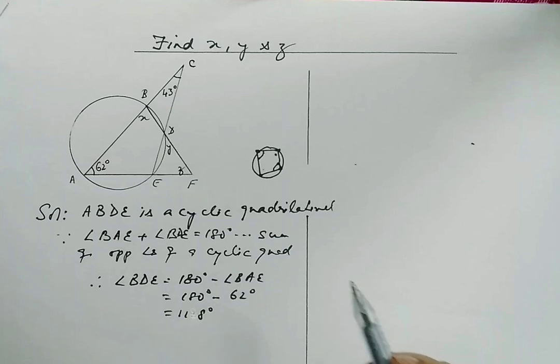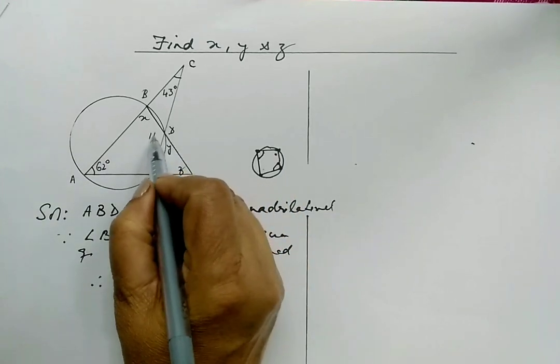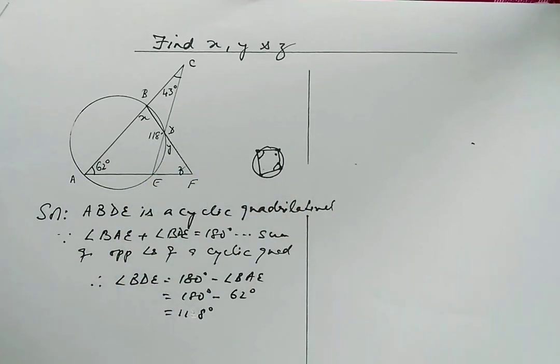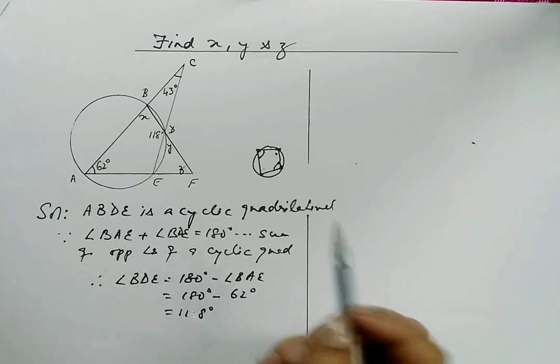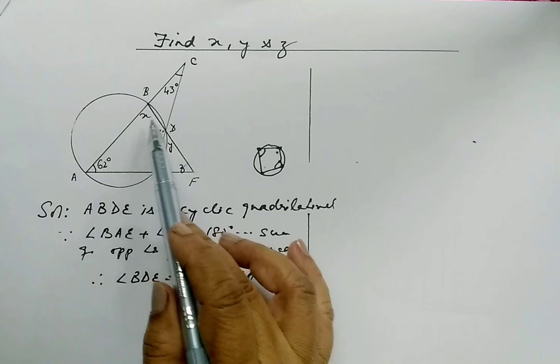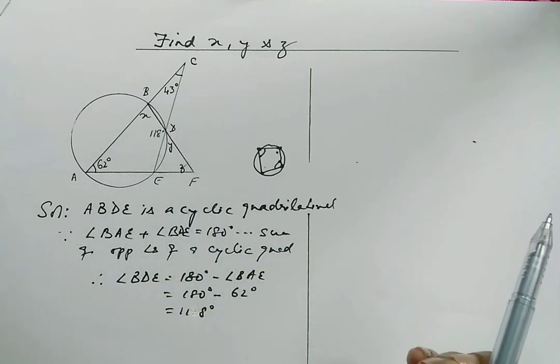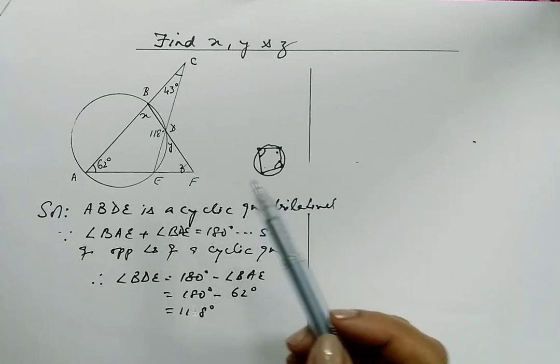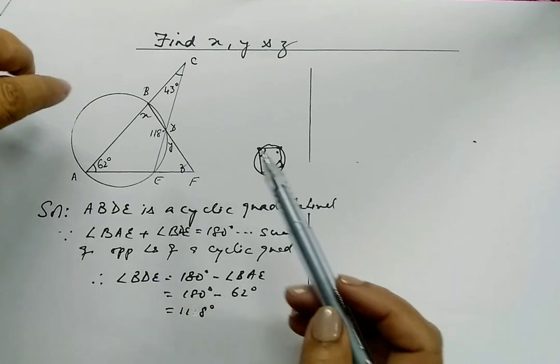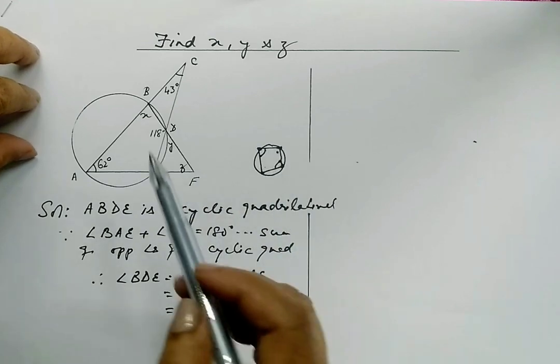Alright. So can we write over here 118? We can, isn't it? Now we have not still found any of the three, x, y or z, but we can head on, proceed towards it. How?